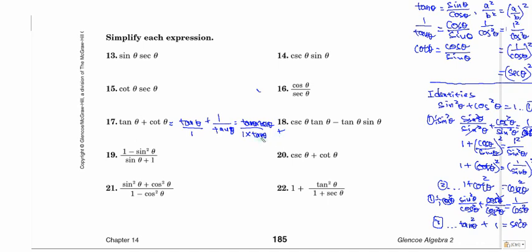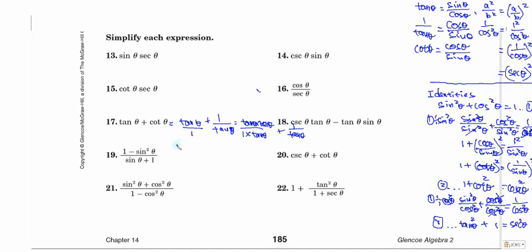Why do we make the denominator tangent theta? Because we want to combine with this second term, 1 over tangent theta. Now the numerator of the first term becomes tangent square theta. The denominator is tangent theta, same as the second term.